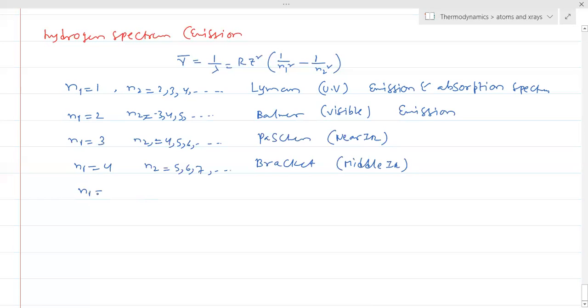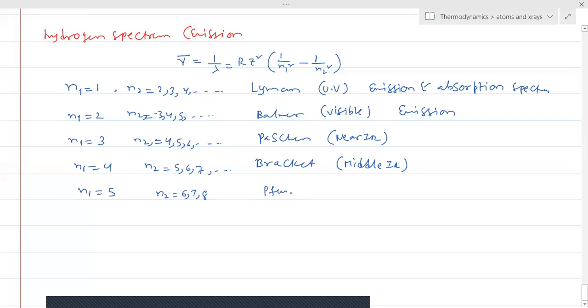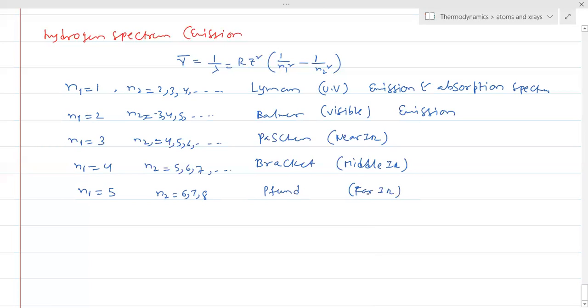And if n1 = 5 and n2 = 6, 7, 8, we take this as the Pfund series, which is also in the IR. So these are the possibilities.